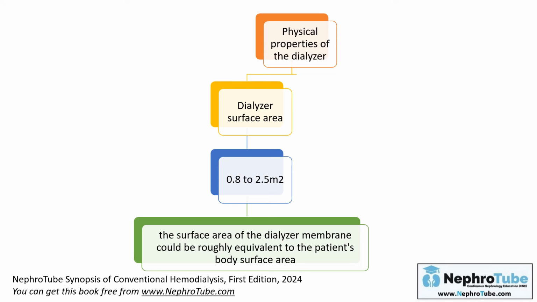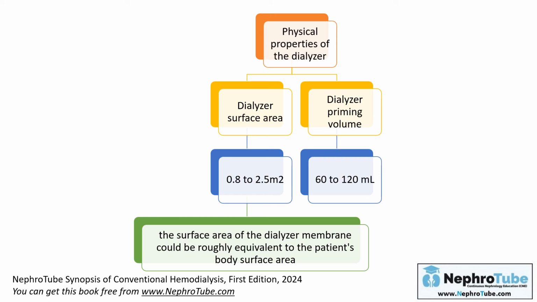Usually, for a patient with a large body, we use a large surface area membrane, and for a patient with a small body, we use a small surface area membrane. But there is a suggestion that the surface area of the dialyzer membrane could be roughly equivalent to the patient's body surface area, but this is not that accurate.